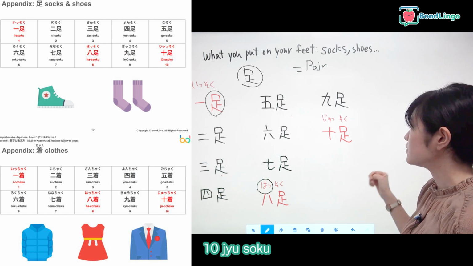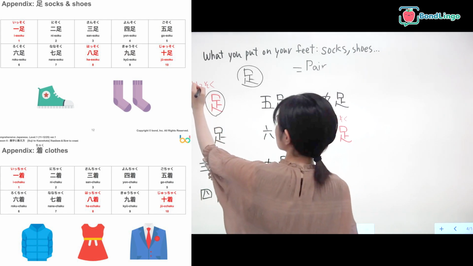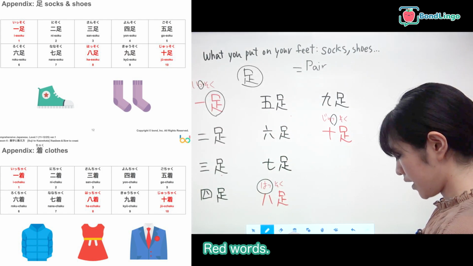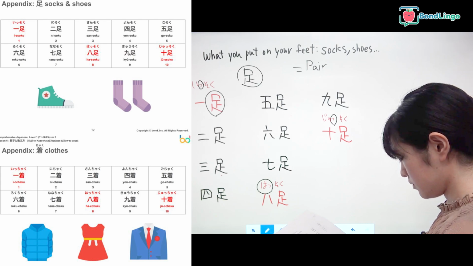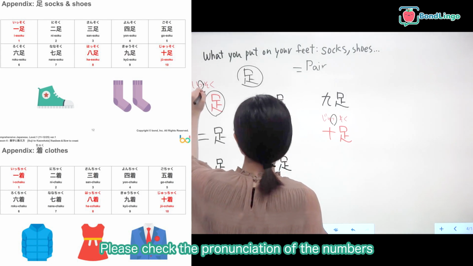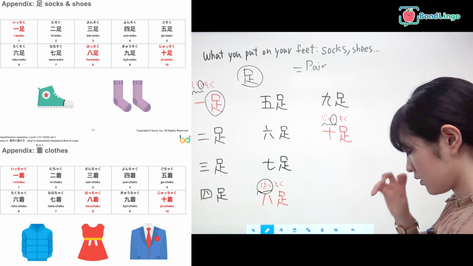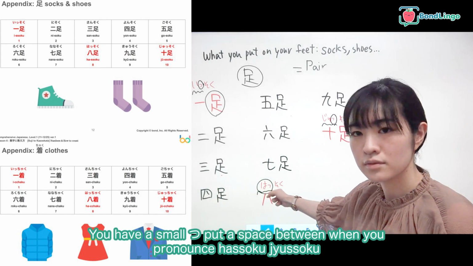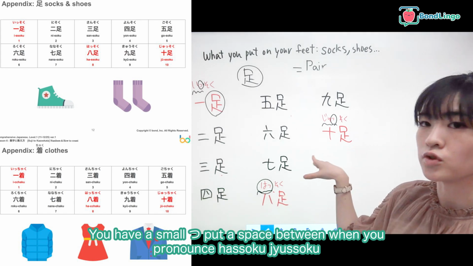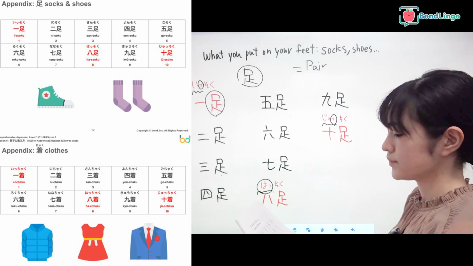And finally 10, 10足. Okay, so for the red words, please check the pronunciation of the numbers. You have a small tsu, so put a space when you pronounce hassoku, jussoku, and issoku.